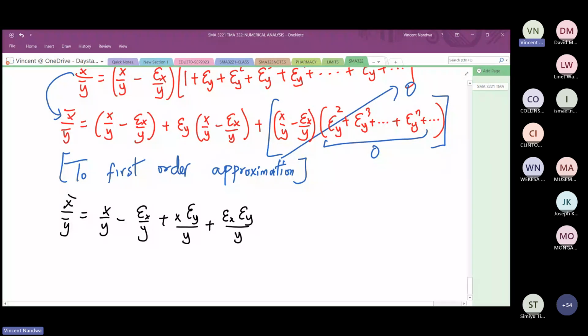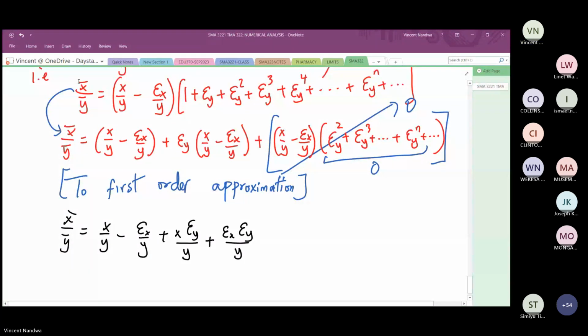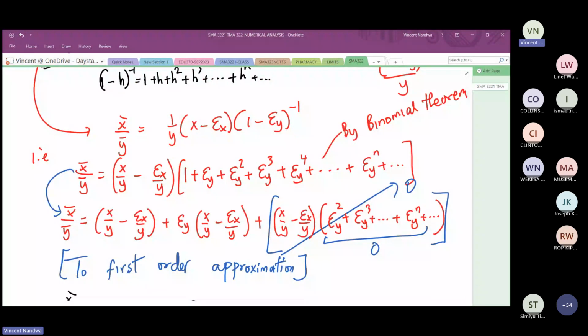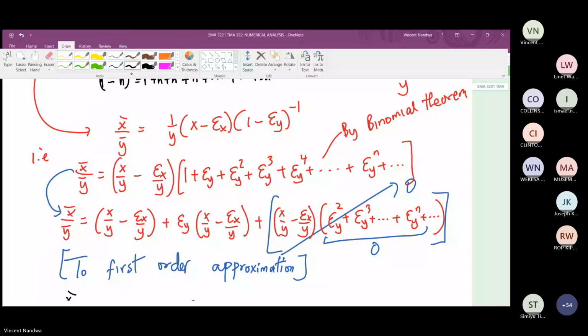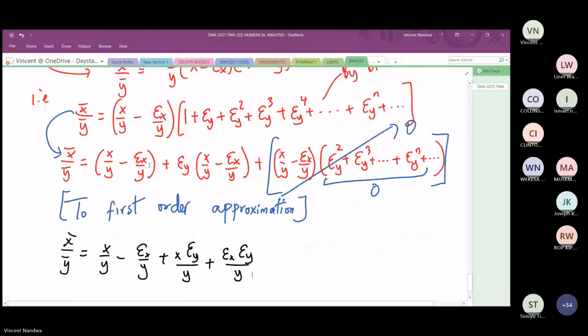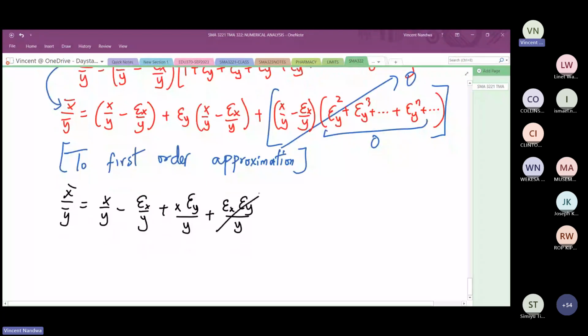And I hope you see that also the last term on the right-hand side goes to 0, because we have the product of error in x and error in y.